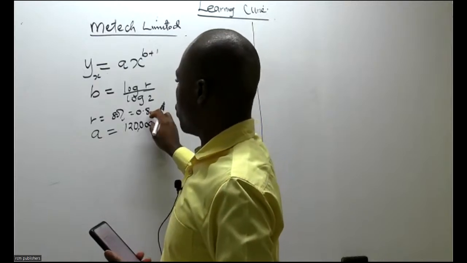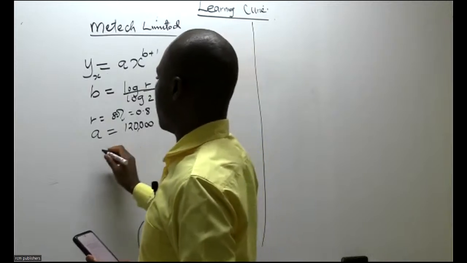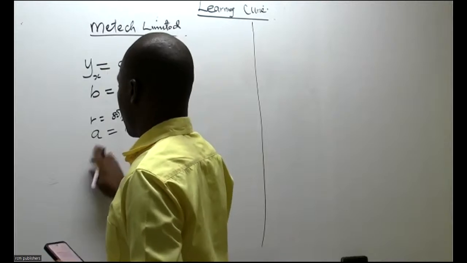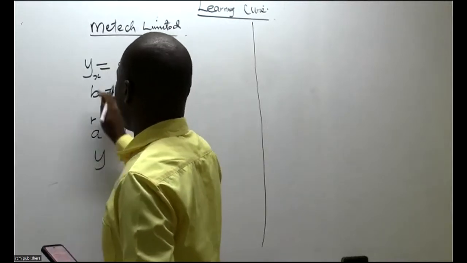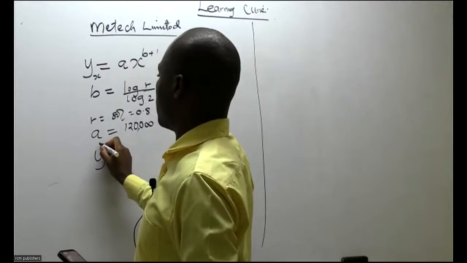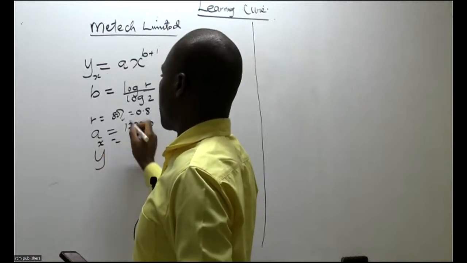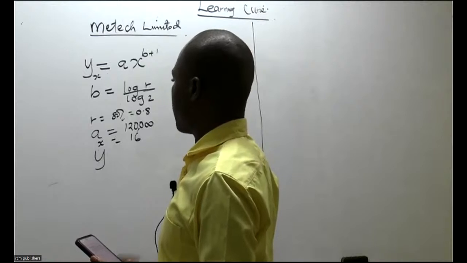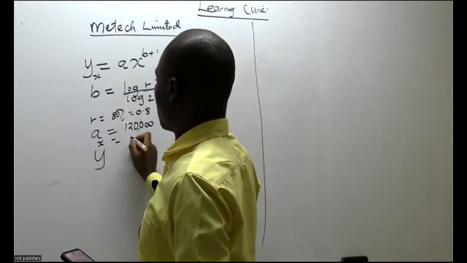Do we know how we are going to use this 0.8? We need to get the value of b. For the total life, our x is equivalent to 16, but we are told the first 8 batches.